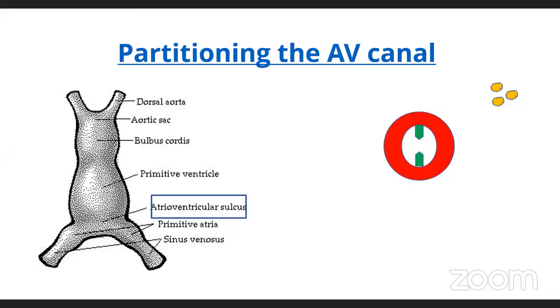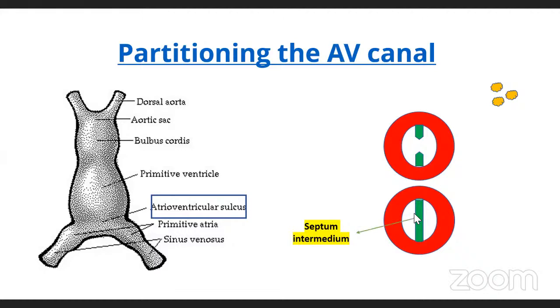As these cushions continue to grow, they fuse together and develop two little canals here and here, and this is called the septum intermedium. And this is the right AV canal, and this is the left AV canal.